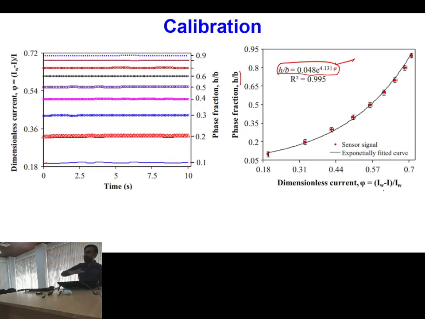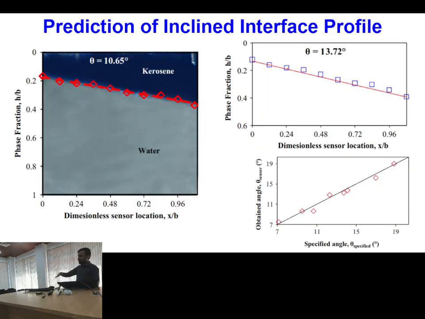So now what is done? Of course, when calibration was done, at that time the container was in horizontal orientation. Now the angle of the tank is varied for different orientations to see how accurately it predicts for inclined interfaces. So once you have oriented the interface at different angles, the first angle of inclination is 10.6 degrees.